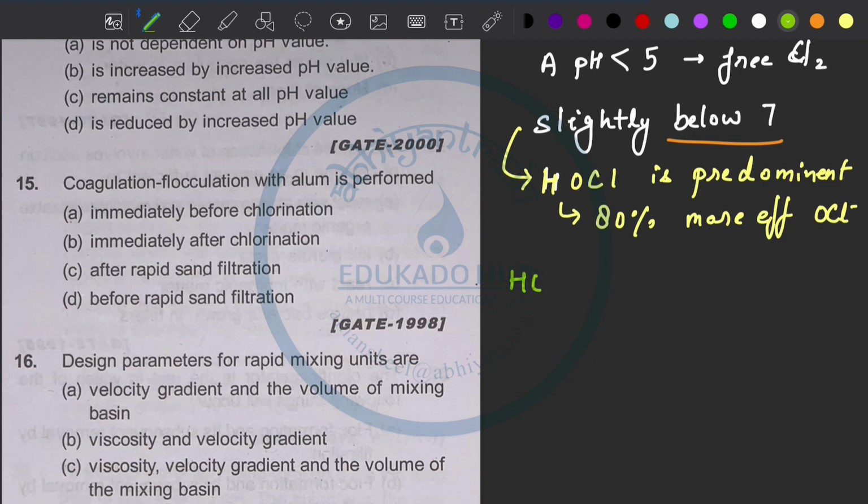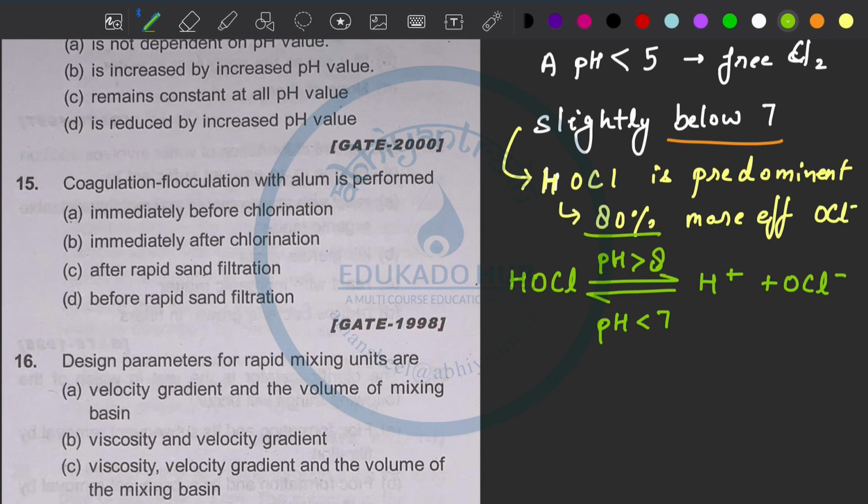So if I write the reaction, this HOCl will break into H plus and OCl minus when the pH of water is greater than 8, and if pH is less than 7, this H plus and OCl minus will recreate HOCl. And we know that HOCl is 80% more effective.